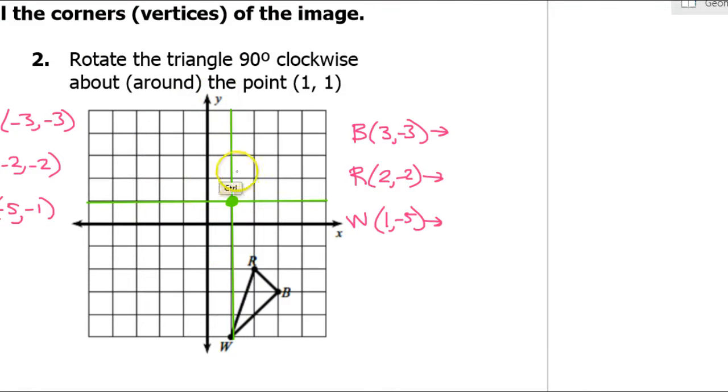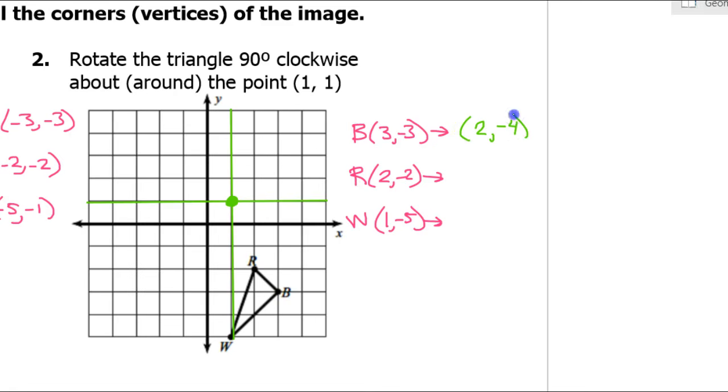So using my new x and y axis, I'm going to ask myself, what are the coordinates of B, R, and W now? The coordinates of point B using the green axis would be 2, negative 4.